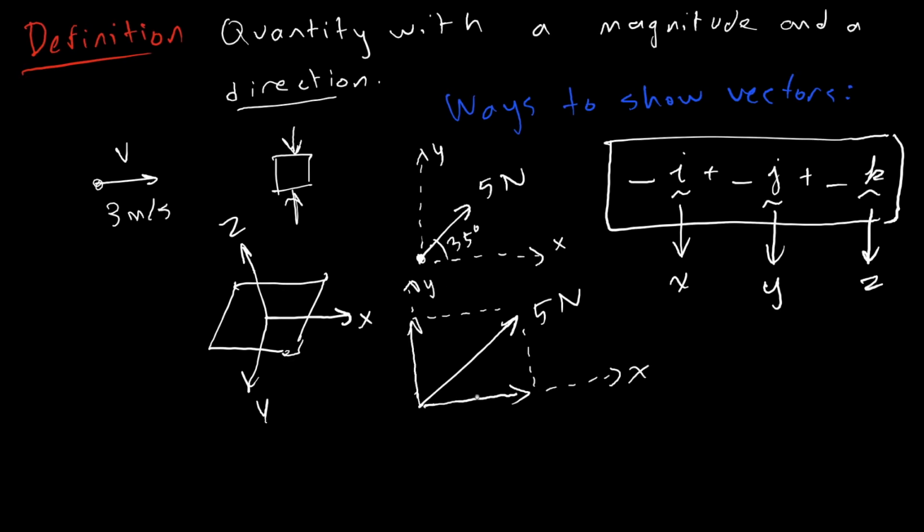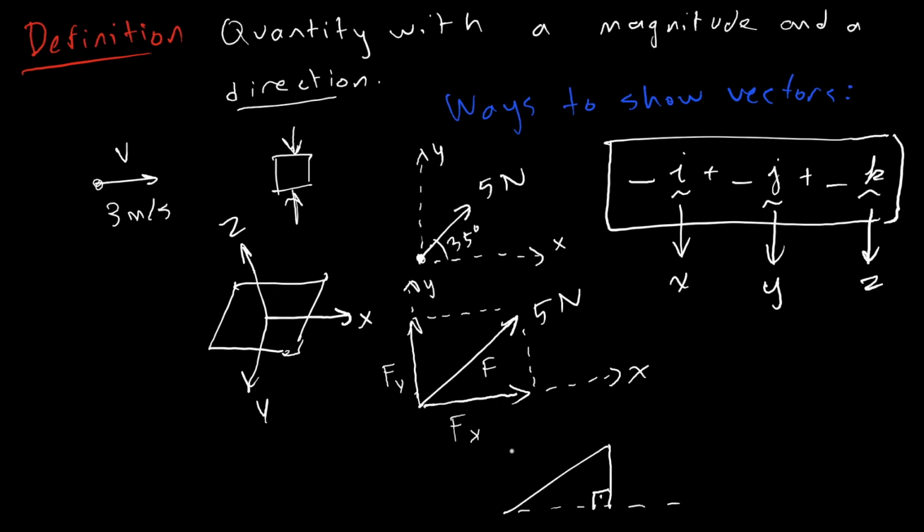The x component of this vector, let's call it vector f, is fx, and the y component is fy. We are looking at the x-axis and projecting this here. This might sound fancy, but all we're doing is drawing a perpendicular line from here.